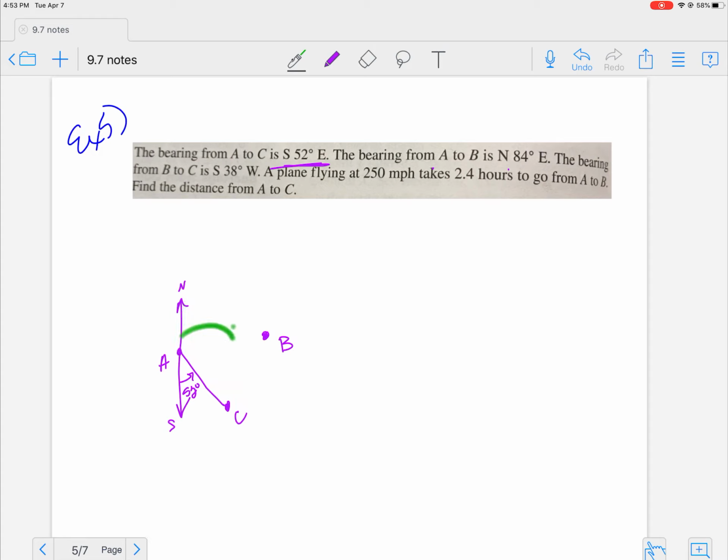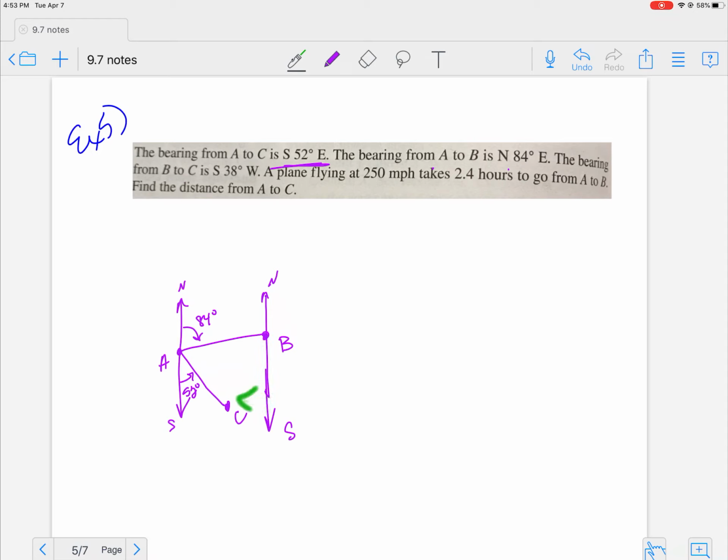A bearing from A to B, so to come up to B somewhere, let's call this B, is going to be north, so it's got to go higher, north, and then east is going to be 84 degrees. To get here, from here to here, this will be 84 degrees from north to east, because I'm going north from up high to the east, which is to the right.